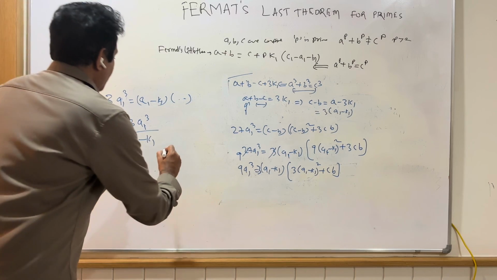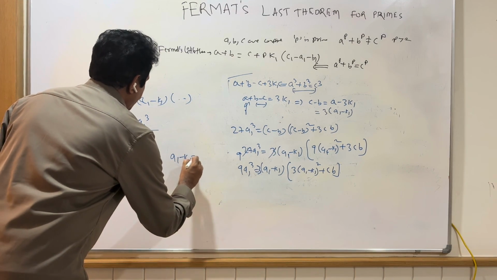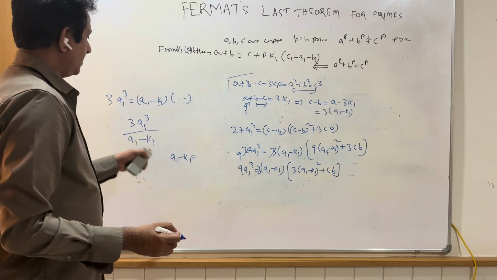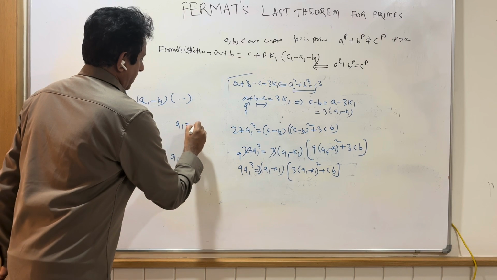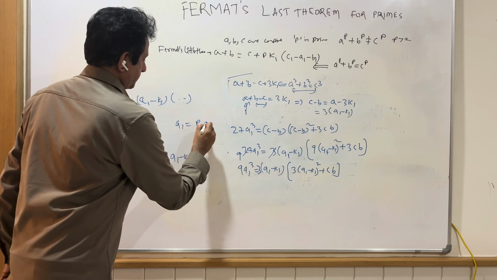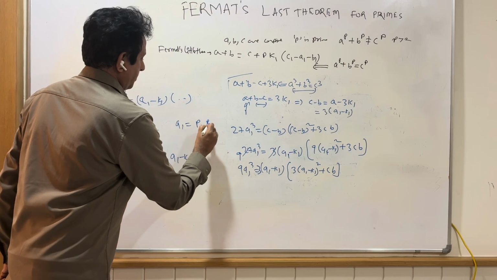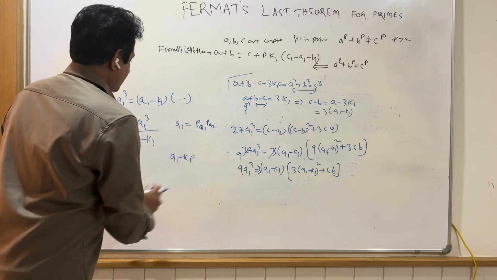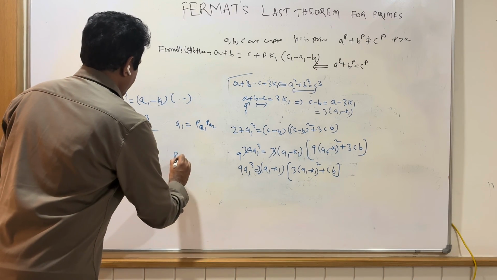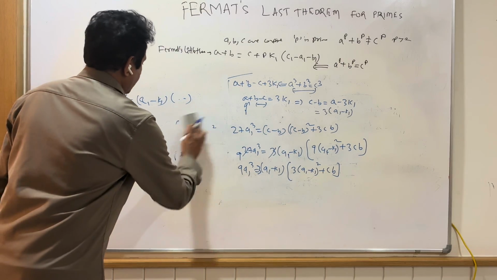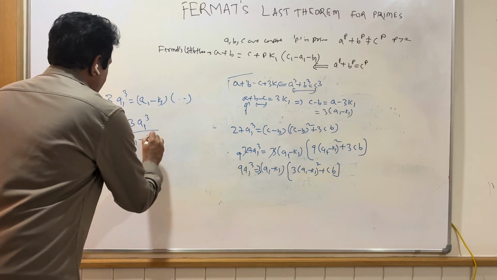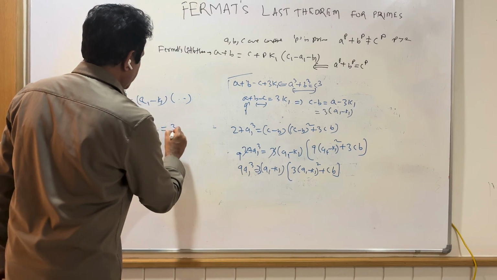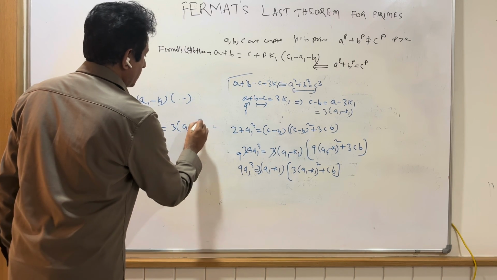Now, a1 minus k1 and a1 should have a common factor, let us say p. Before going there, the right hand side is 3 into a1 minus k1 whole square plus cb.